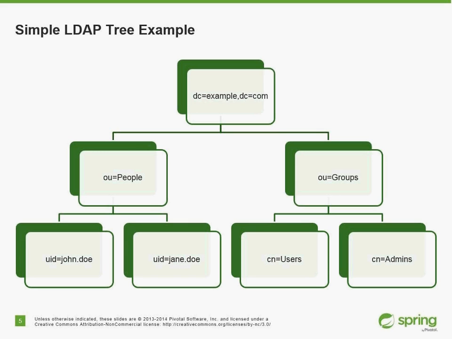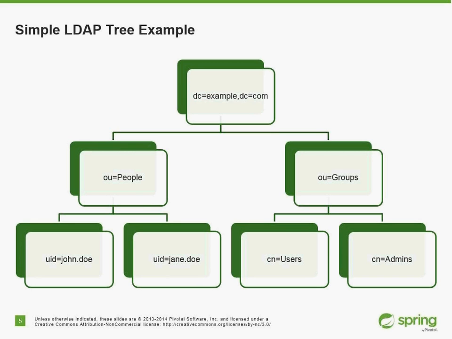This is pretty shallow, but obviously they can be of arbitrary depth or height, but it's actually quite common for LDAP trees to be quite shallow. So in this case, we have the top node here. That's the domain controller node or the root node of this LDAP server. The DC equals example, DC equals com.